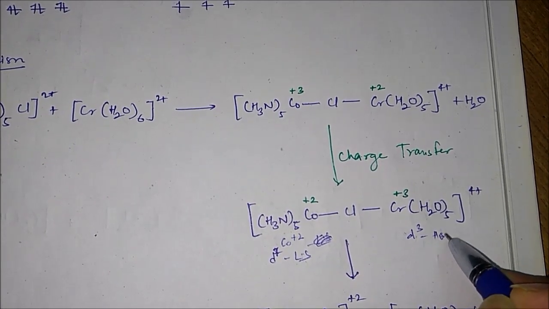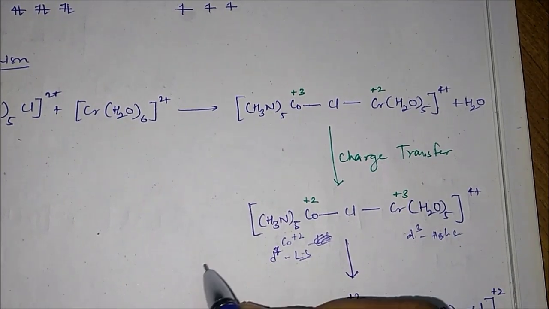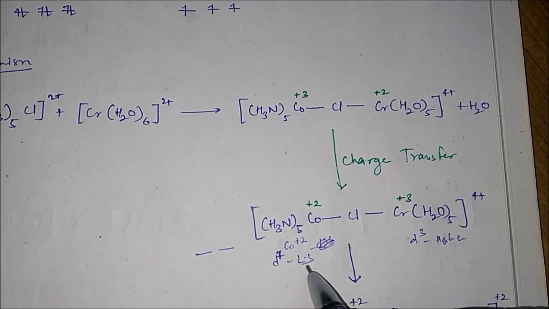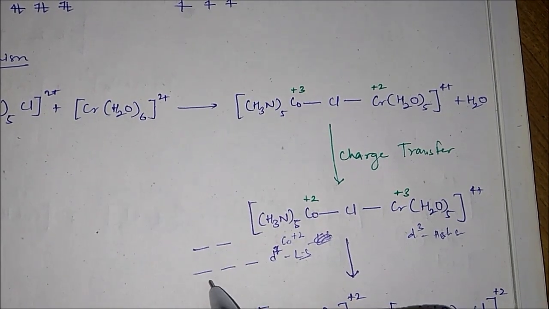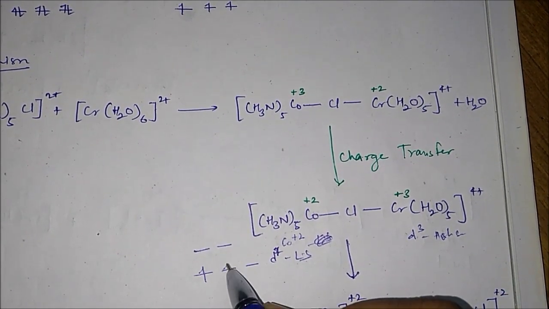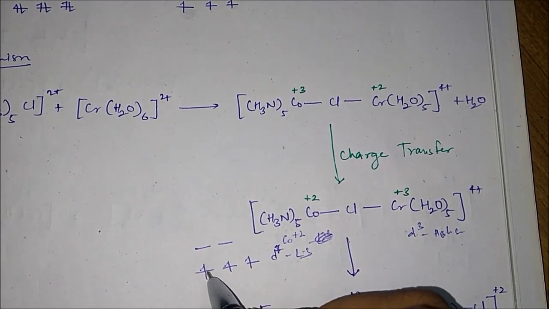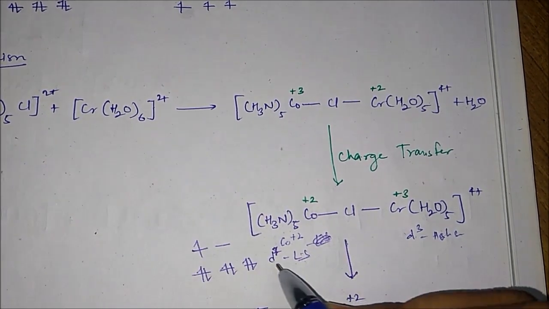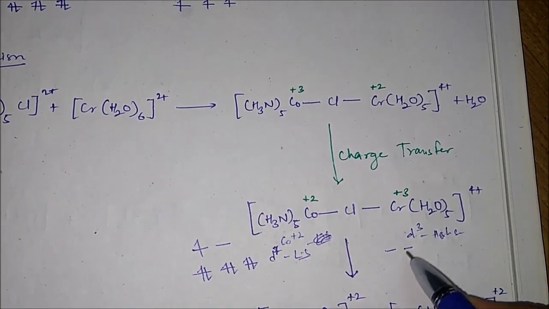So now if you draw the electronic configuration of it, d7 low spin means 1 2 3 4 5 6 and 7, and over here if you draw, it will be 1 2 and 3.